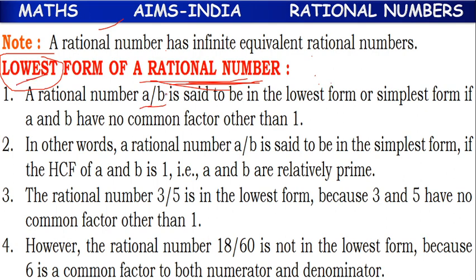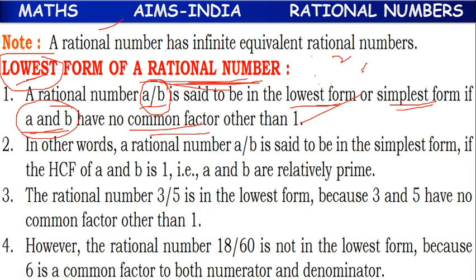If we have a rational number a by b, it is said to be in lowest form, or simplest form, if a and b have no common factor other than 1. We can tell them as co-primes.